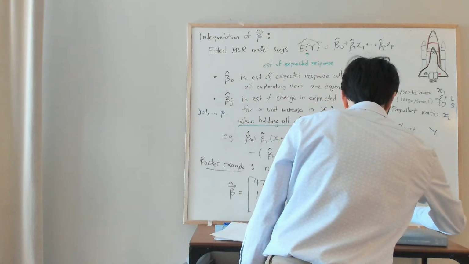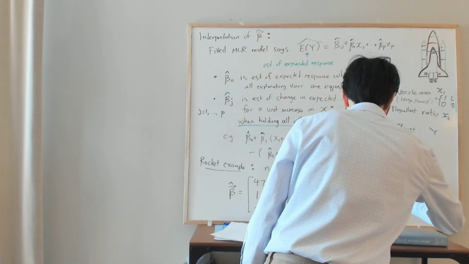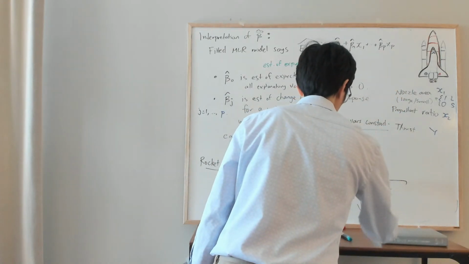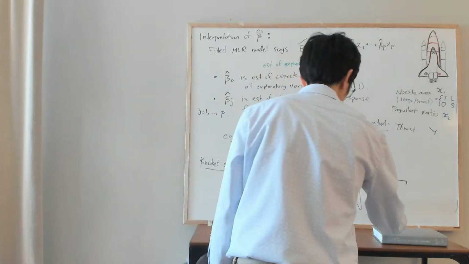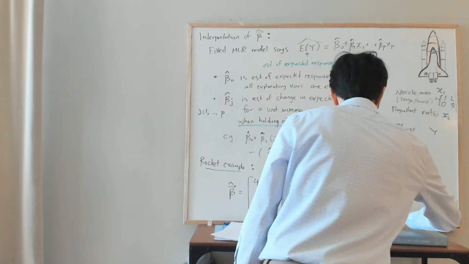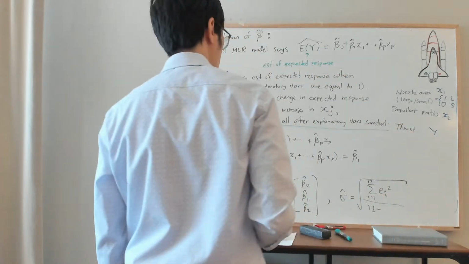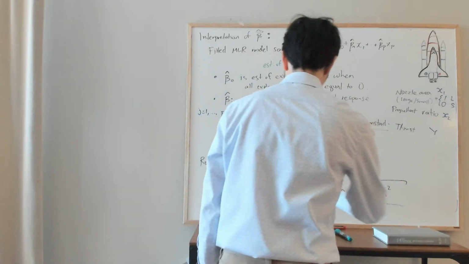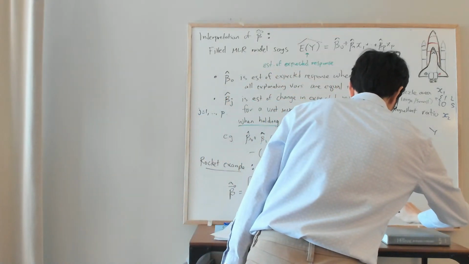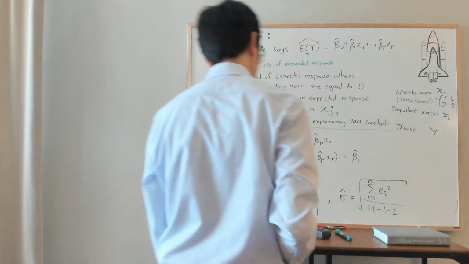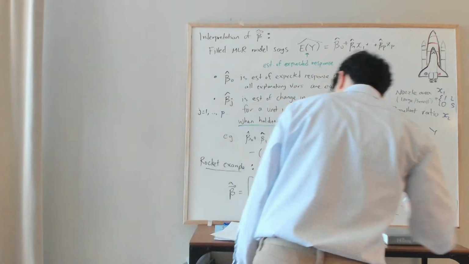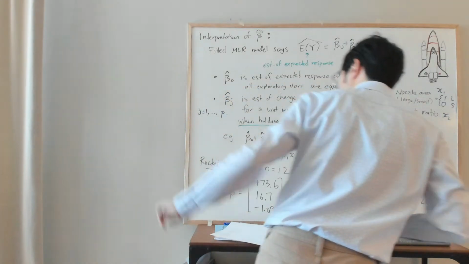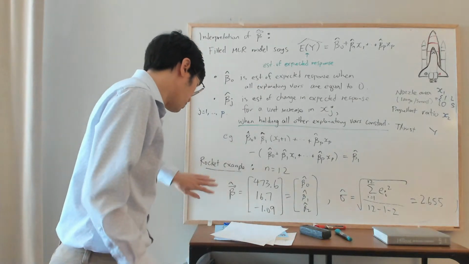Conceptually, we add up all the squared residuals, so on top is the sum of squared residuals, and on the bottom is n, so 12, minus the number of parameters we estimated: the intercept plus the two slope parameters, 1 and 2. I did this in R and got 2.655. Let's take everything here as given.